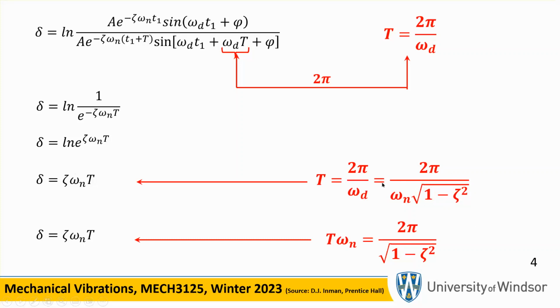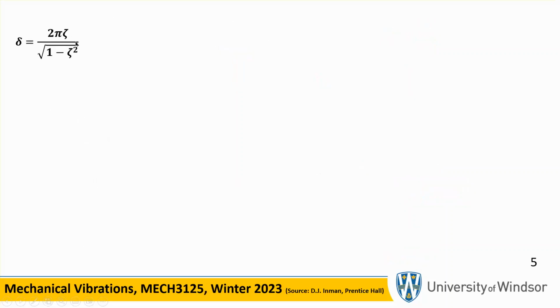All I did was take this and rewrite it as T omega n, multiplying both sides by omega n, and you get this. So that T omega n that appears in the expression of the logarithmic decrement, we can replace with 2 pi over square root of 1 minus psi squared. So I wrote it here for your convenience.